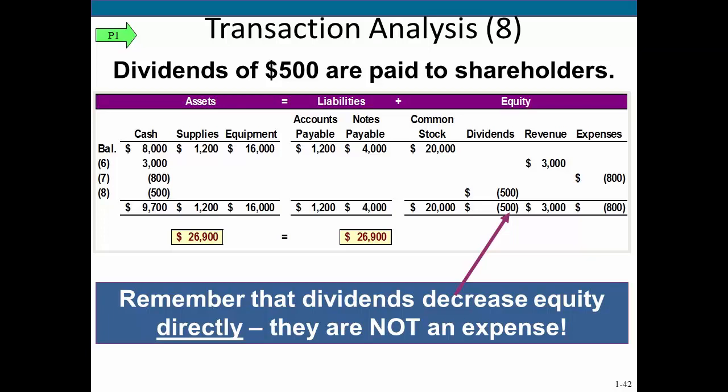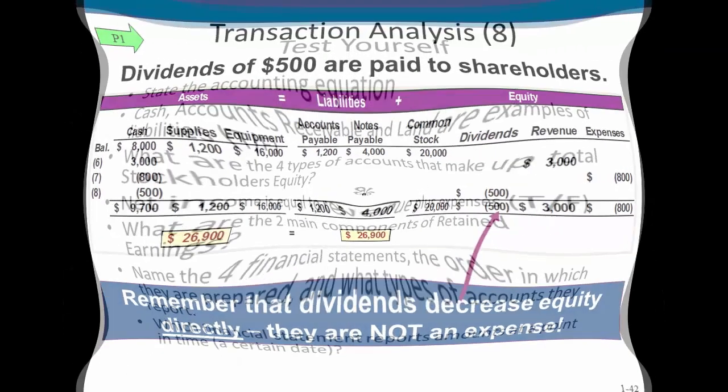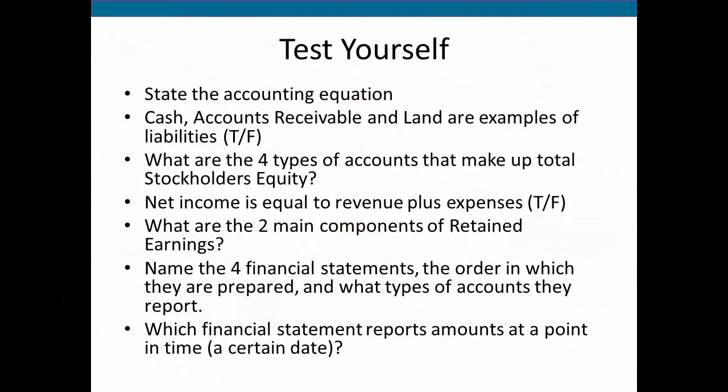During the next part of the chapter, we will see how these total amounts are reflected in those financial statements. But first, I've prepared a little mini test for you to test your knowledge. Can you answer the following questions? State the accounting equation. Cash, accounts receivable, and land are examples of liabilities, true or false?